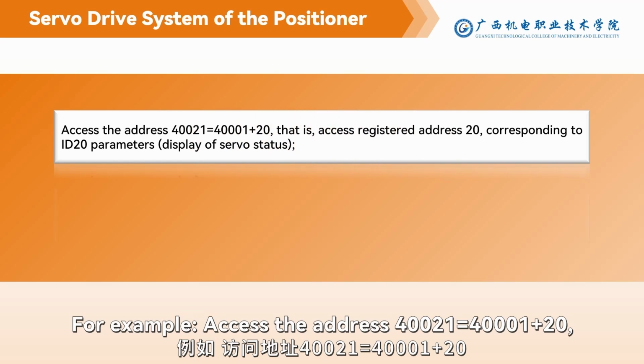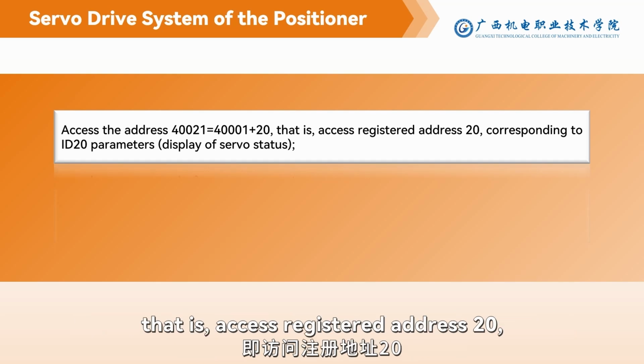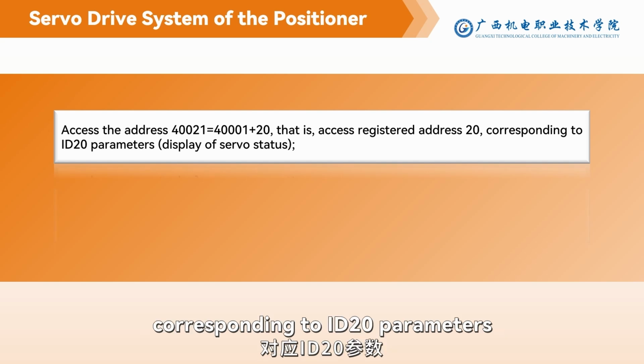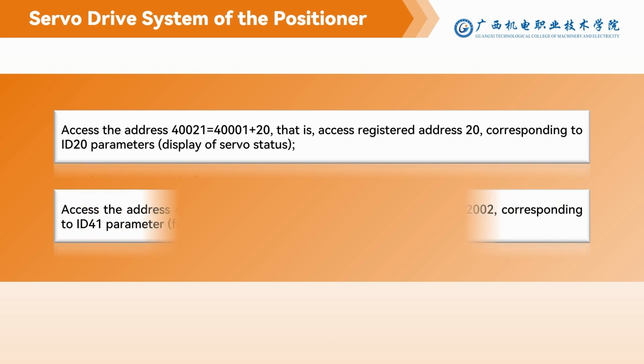For example, access the address 40021 equals 40001 plus 20. That is, accessing register address 20 corresponds to ID 20 parameters.